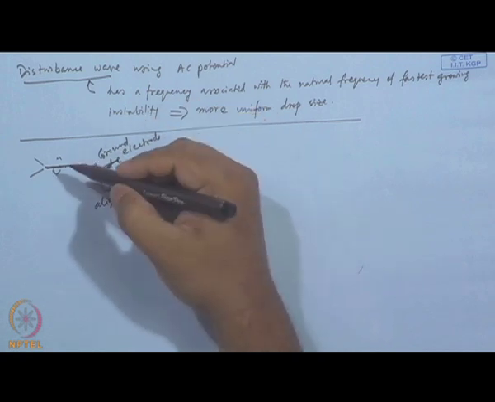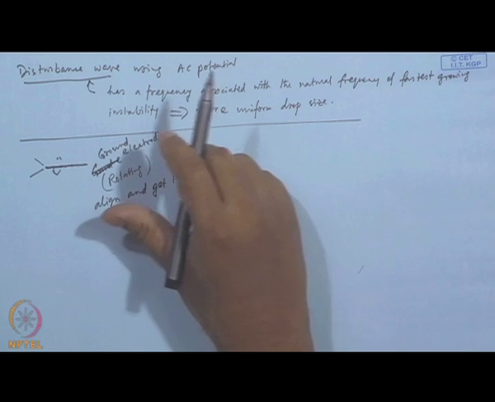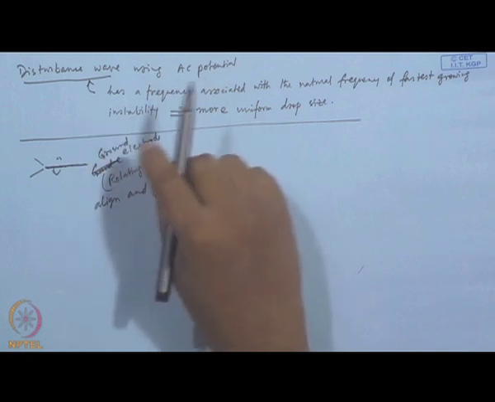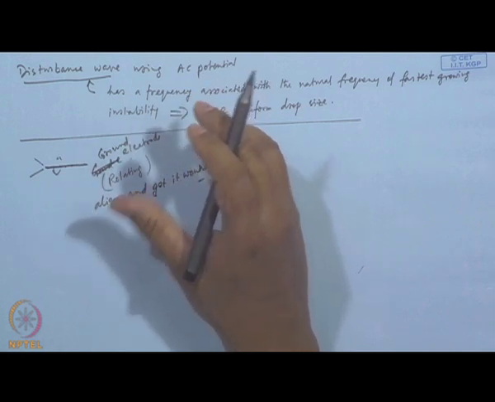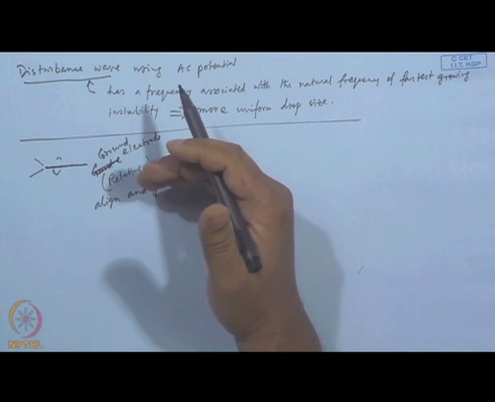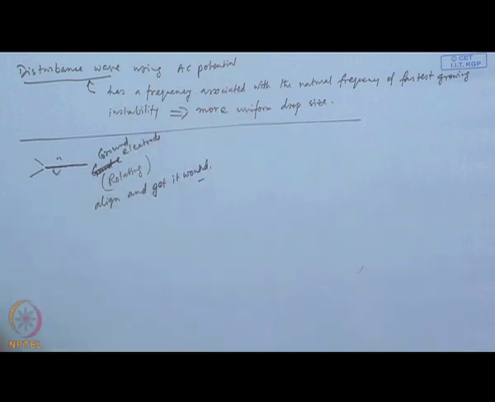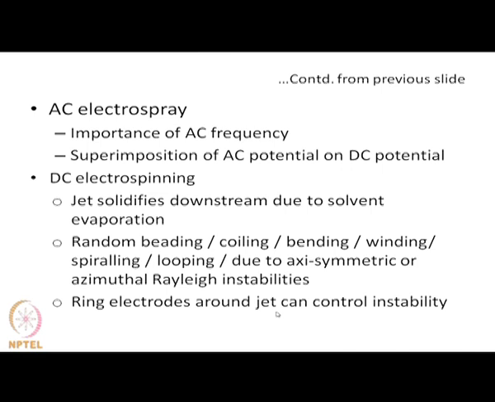That means, you are producing a fiber of very small diameter and you are rotating the ground electrode in such a way that you can align it in the way you want. That is allowed. However, DC electrospinning has these instability problems, and that can to some extent be avoided by using ring electrodes.